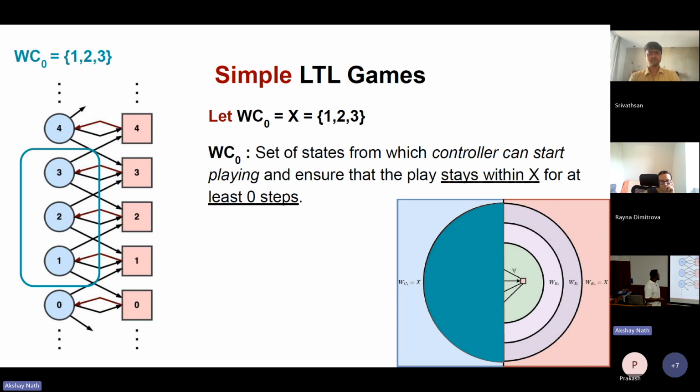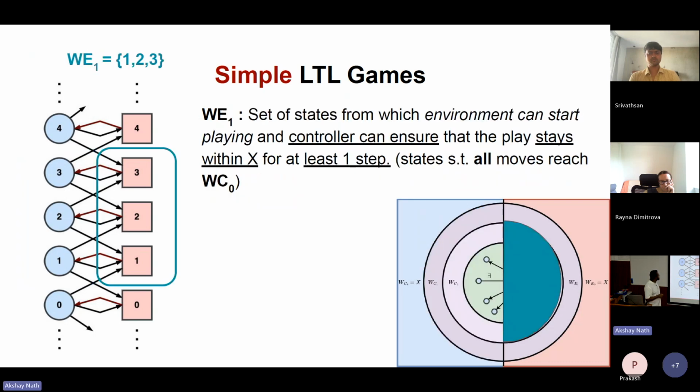Next, we compute the set of states WE1, the set of states from where the environment can start playing, and the controller can still ensure that the play stays within X for at least one step. That's possible because the environment is antagonistic. We need to ensure that all moves of the environment fall within WC0, and that's only 3, 2, 1, because from 3 you have a move going into WC0, 2 also going into WC0, and 1 going into WC0, and you get a smaller set.